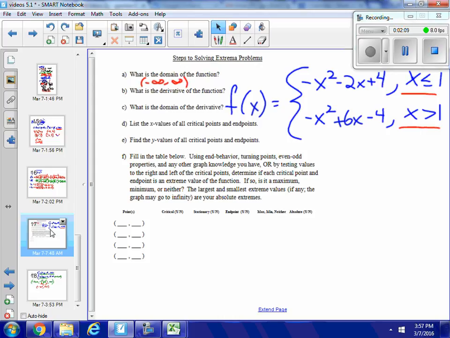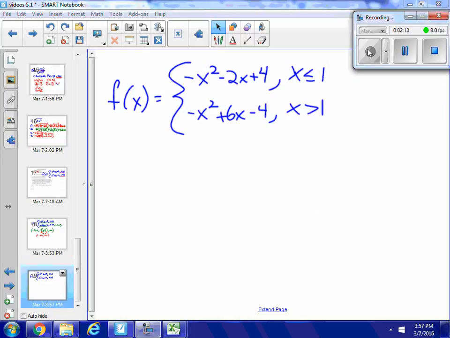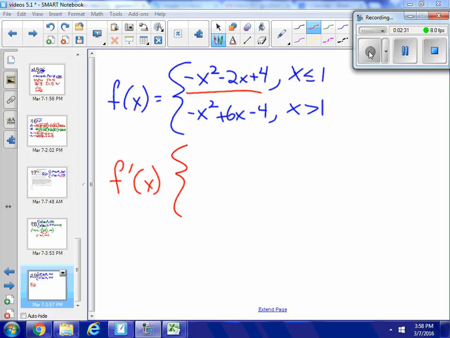Now I need to find the derivative of the function. Here's our function, and it has two pieces, so it stands to reason that our derivative is going to have two pieces. I'll write f prime of x. The derivative of my top piece is negative 2x minus 2, for x less than or equal to 1.